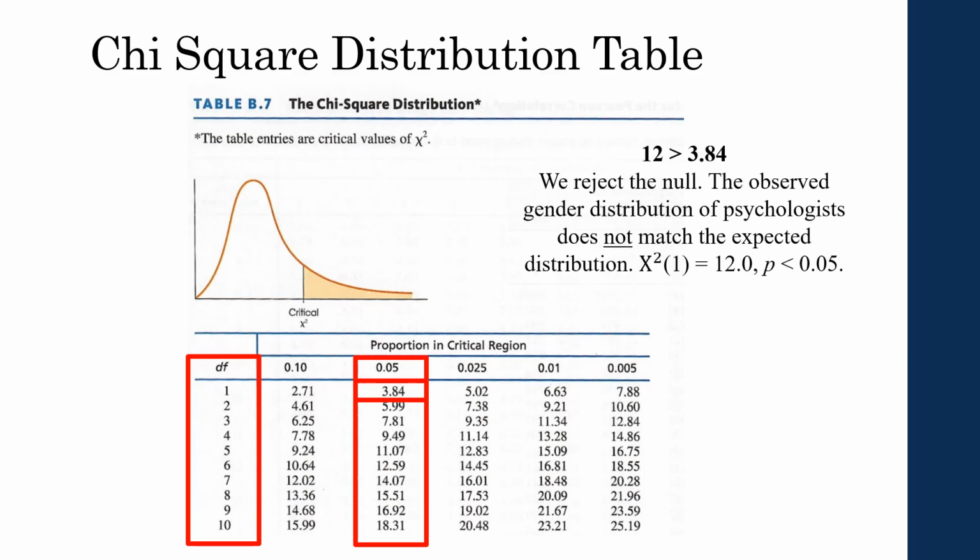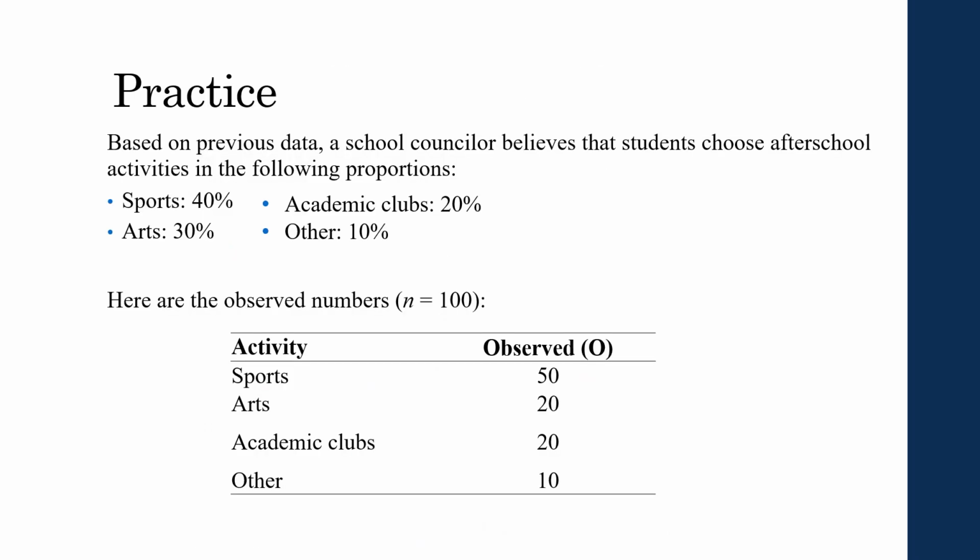Our output was 12, which is larger than the critical value. So we reject the null. The observed gender distribution of psychologists does not match the expected distribution. And we notate this as chi-square with the degrees of freedom in parentheses equals the output, and p is less than 0.05.